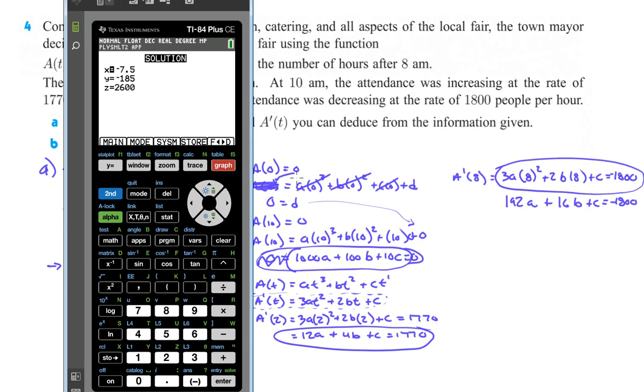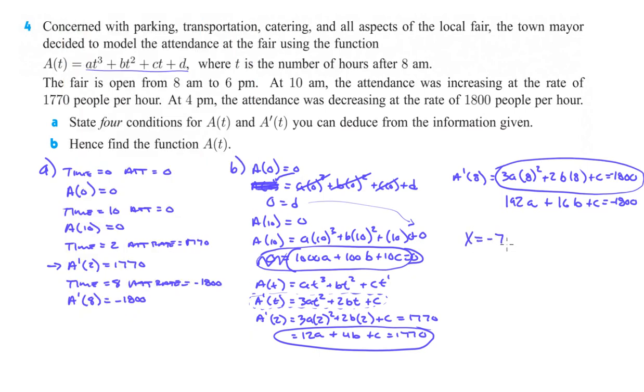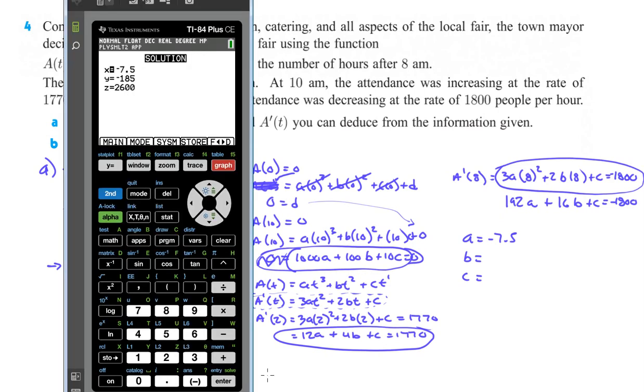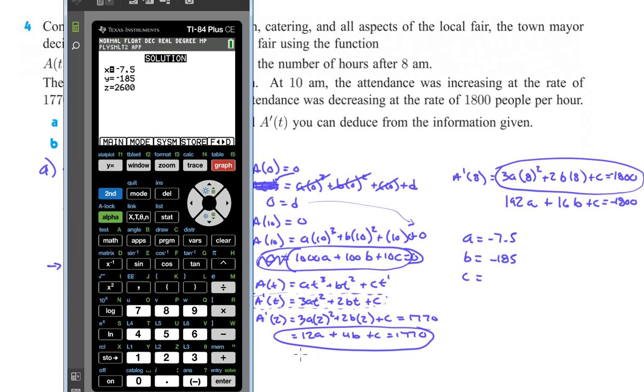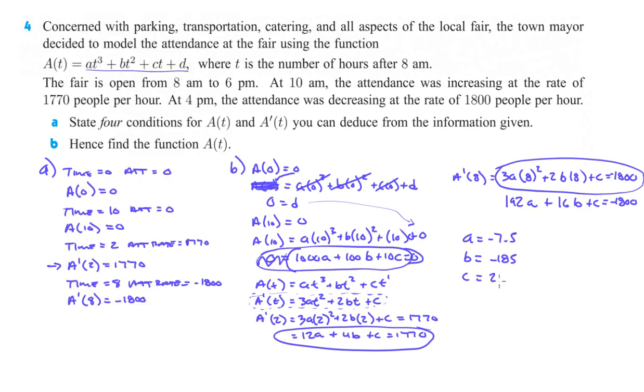Okay, so we get that x is negative 7.5. In this case the x is the a, so let's not write x equals, let's do a equals negative 7.5. B is negative 185, and C is 2600.